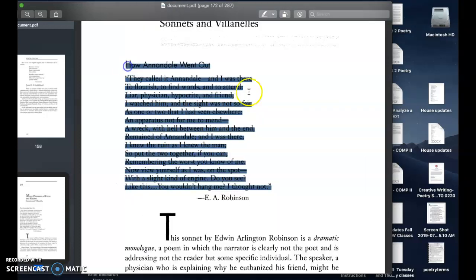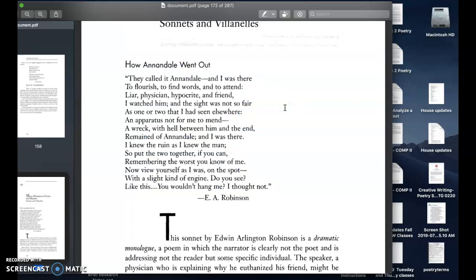How Annandale Went Out. They called it Annandale, and I was there to flourish, to find words and to attend. Liar, physician, hypocrite, and friend, I watched him, and the sight was not so fair as one or two that I had seen elsewhere.